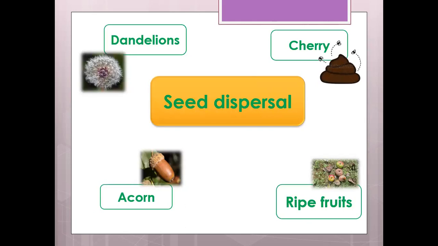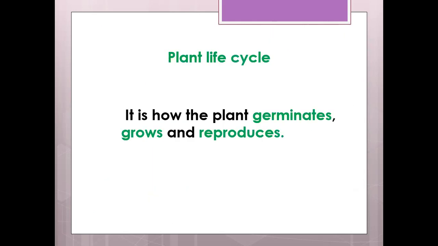Okay, now comes the last part, which is the plant life cycle. What does the plant life cycle mean? It's how the plant germinates, meaning it grows, and reproduces. Reproduces means bringing new babies, new plants.